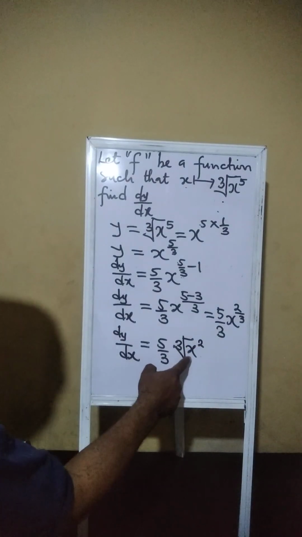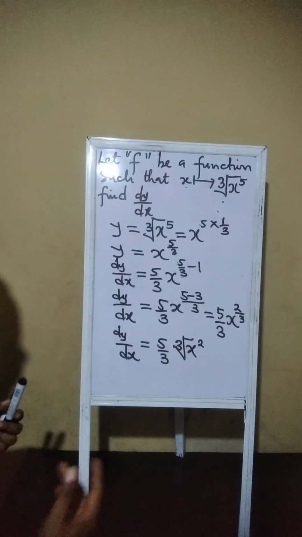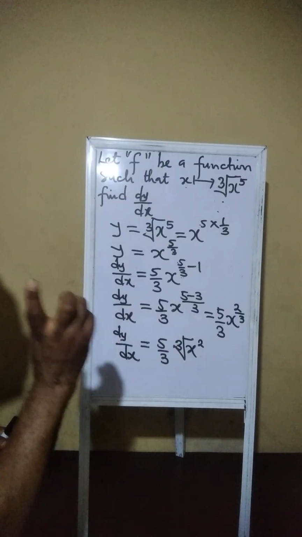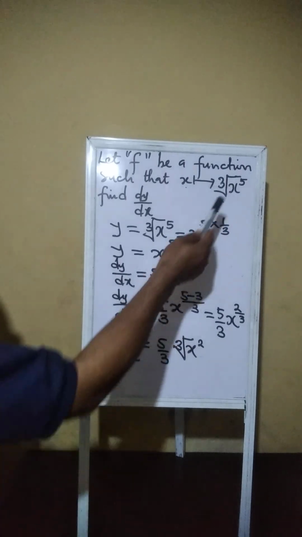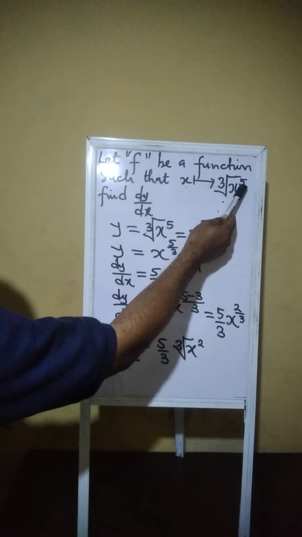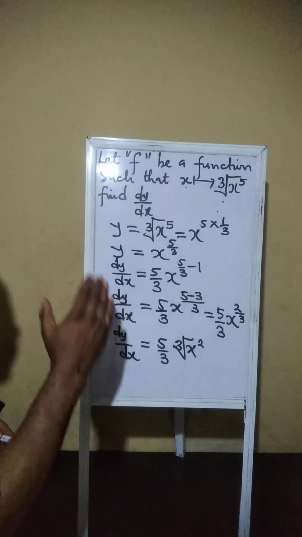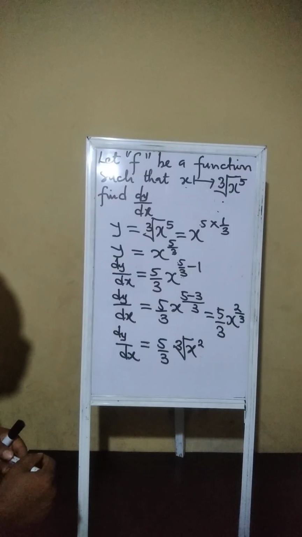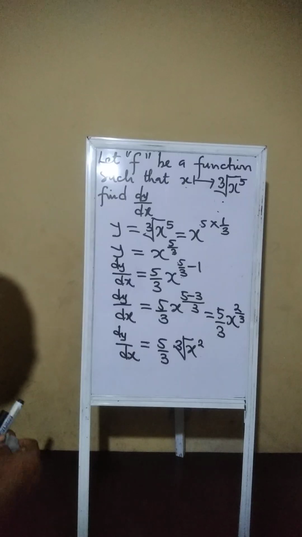This time around, the value of x did not appear at the denominator, just like my previous video. The reason is because, remember from the beginning, I said that the power of x is now bigger than the root. And once it's bigger than the root, there is no need bringing x down to the denominator. Now, this is what we call the normal method.